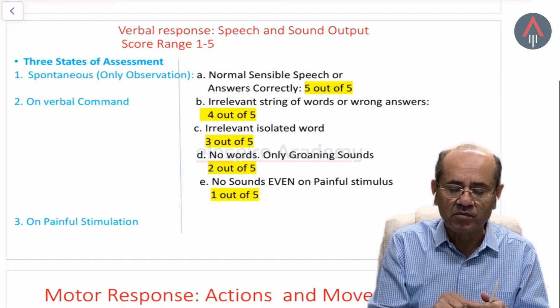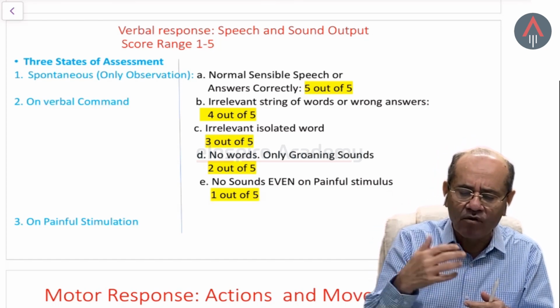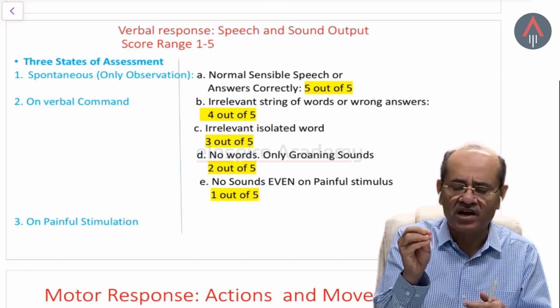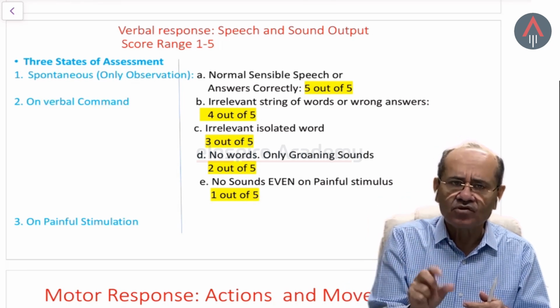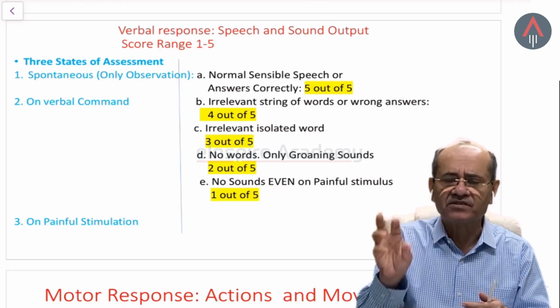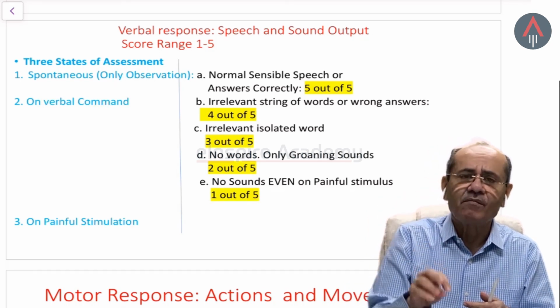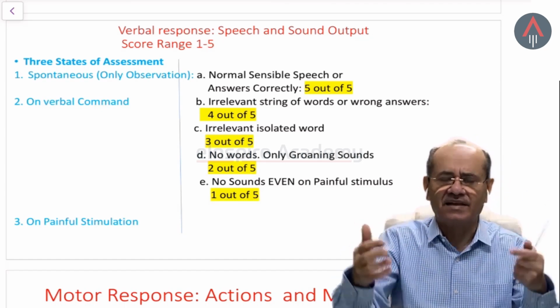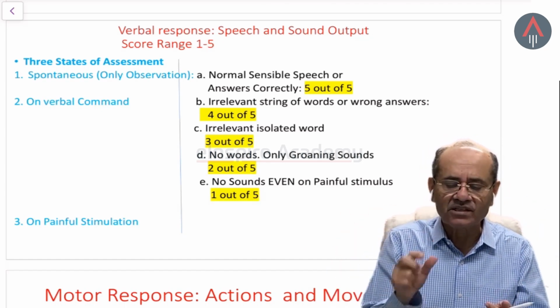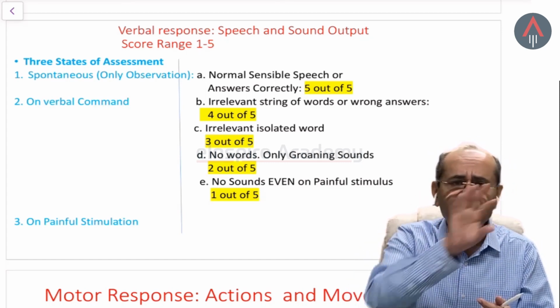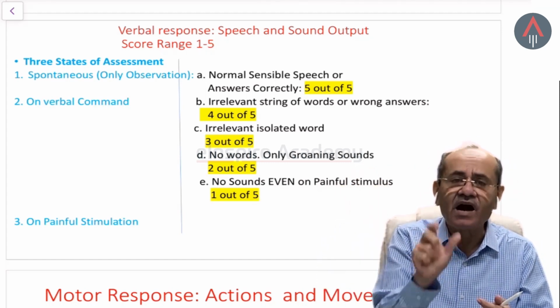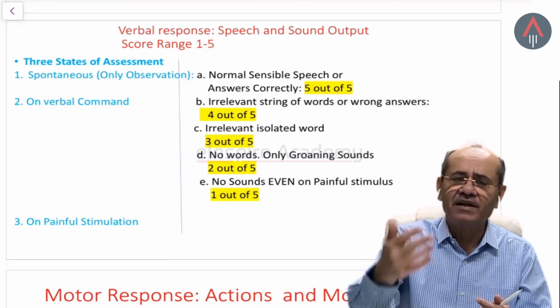So these type of questions, and if he is correctly telling the answers, he gets 5 out of 5 marks on the verbal response. But if his verbal output is of irrelevant string of words or wrong answers, so he is speaking a few words, a half sentence or a full sentence, but that full sentence is meaningless, it is wrong, then he gets 4 out of 5 marks. And even worse than this, he is not speaking any sentence, he is speaking isolated words which are again meaningless and irrelevant.